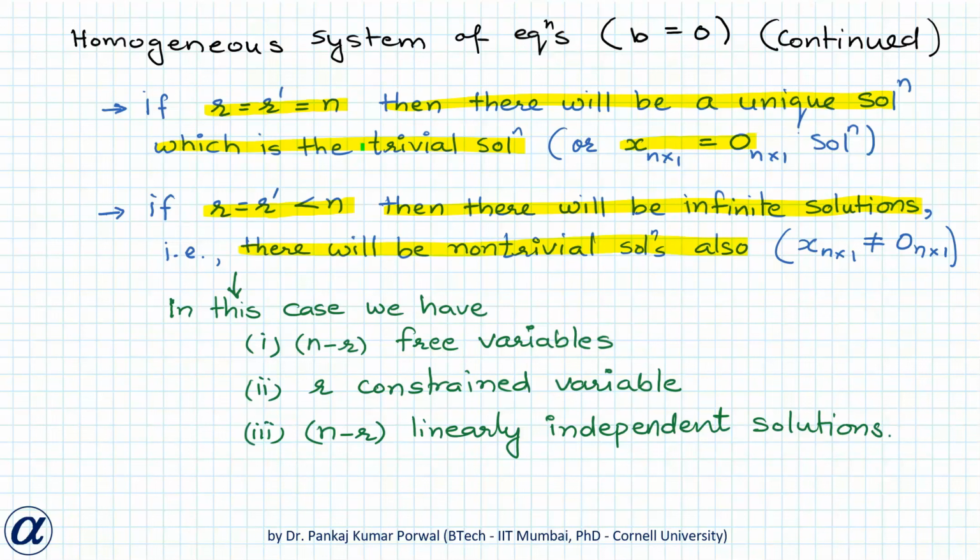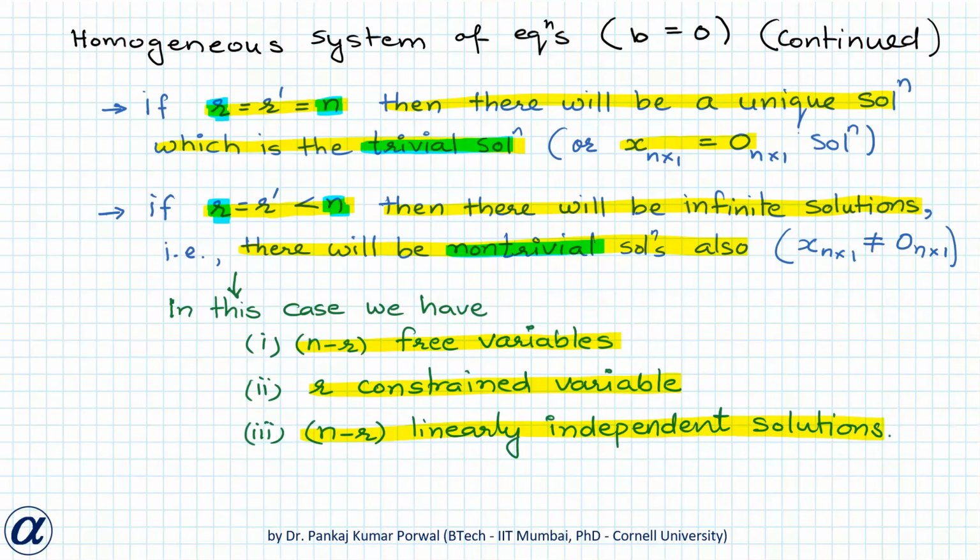So the condition for having only the trivial solution is that the rank of the coefficient matrix should be equal to the number of unknowns, and the condition for having a non-trivial solution is that the rank of the coefficient matrix should be less than the number of unknowns. Now in this case, where the rank is less than the number of unknowns, we will have n minus r free variables, that is, these variables can take arbitrary values, and there will be r constraint variables, which have to be solved in terms of the free variables, and there will be n minus r linearly independent solutions.